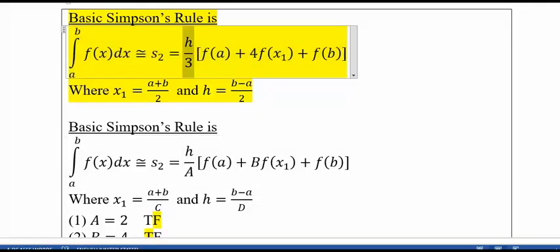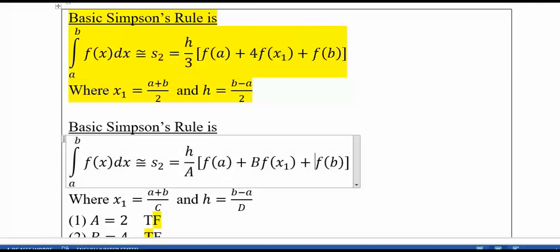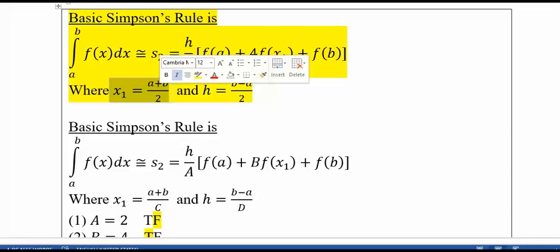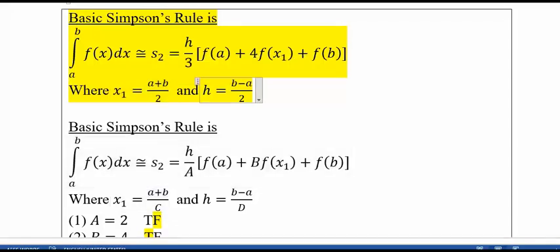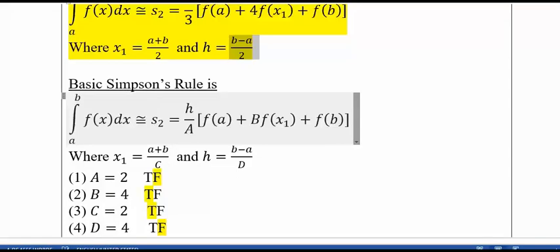Here it is h over 3. f of a plus b on f of x1, which is 4 f of x1, plus f of b, where x1 equal (a plus b) over 2, and h equal (b minus a) over 2. So we write it as an MCQ true false question: a equal 2, which is false.